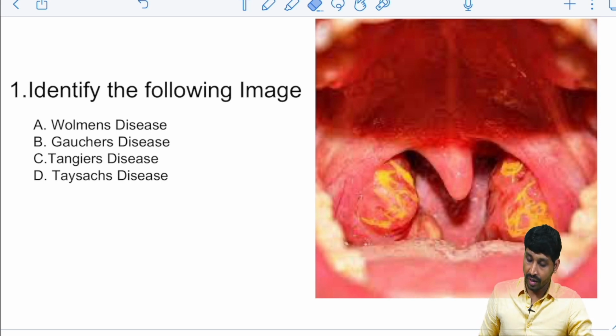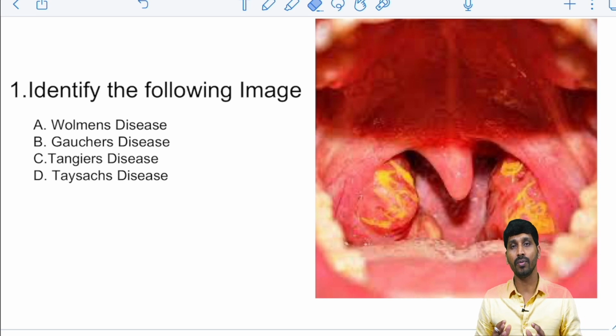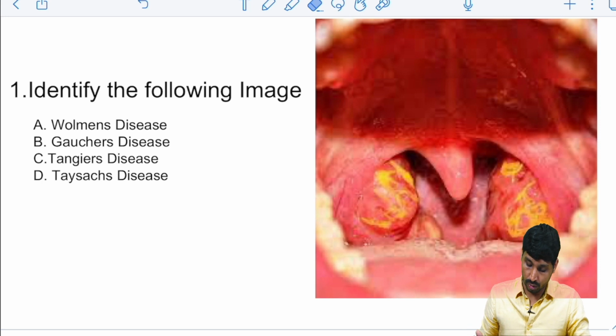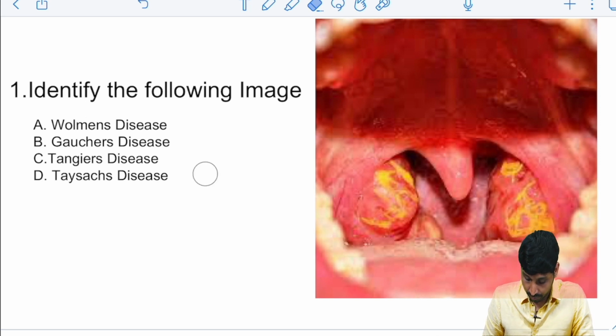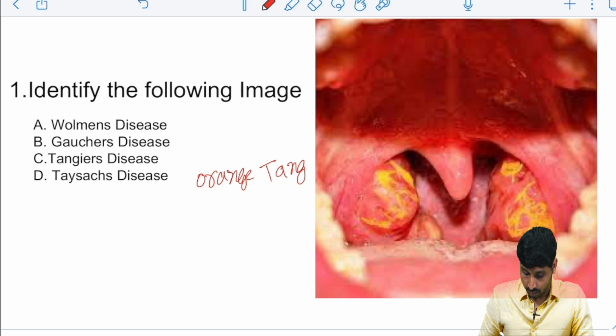Here there is deposition of cholesterol in extrahepatic tissues, like in the tonsils. So what you can observe here is orange tonsils.